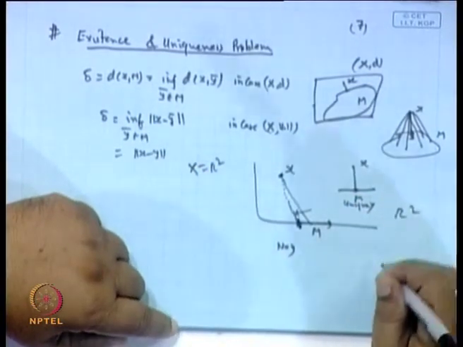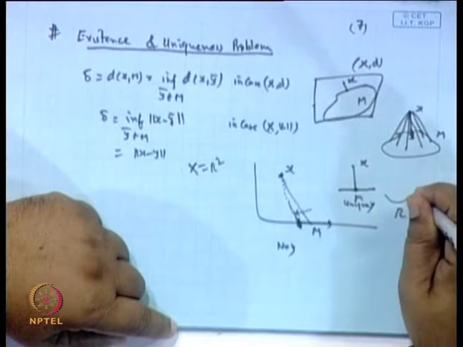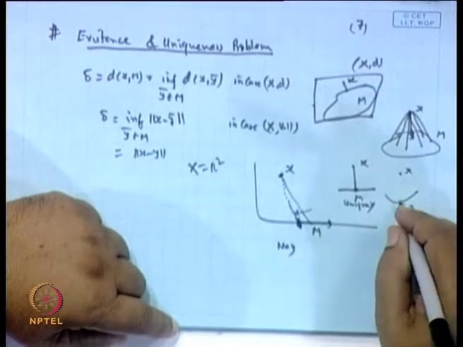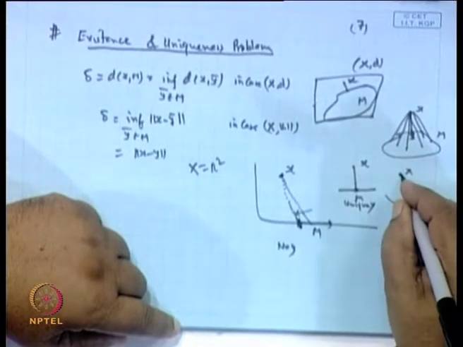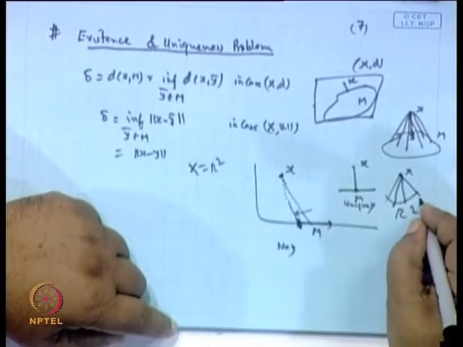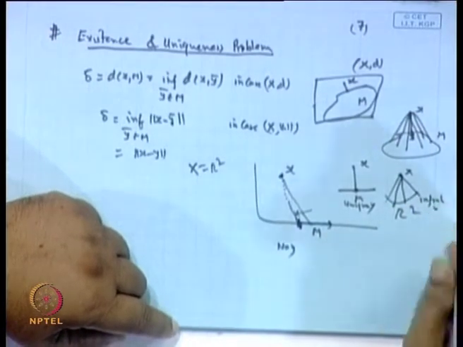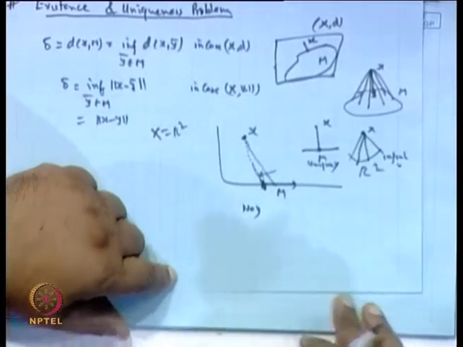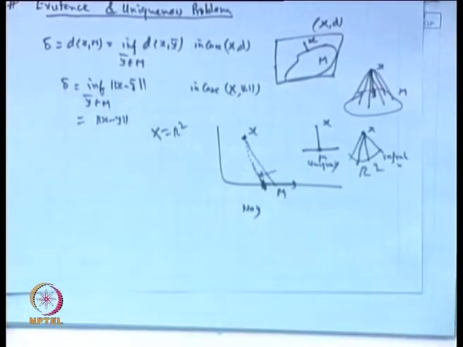And if I take this one and the point X is the center, then there are so many y0's available, so infinitely many y0. So what we see here is that in the case of a metric space, the situation depends on where the point is located and what the set M is. We cannot give a guarantee that the infimum will always exist. Even if it exists, it may not be unique.